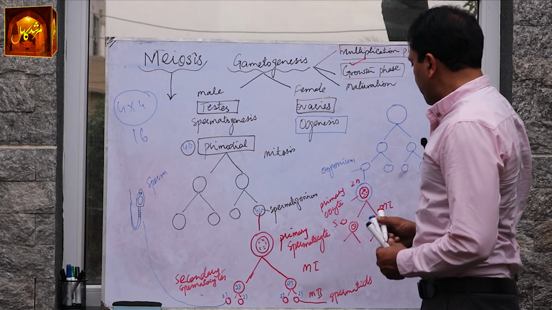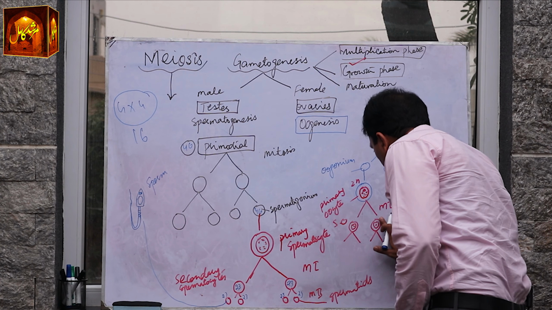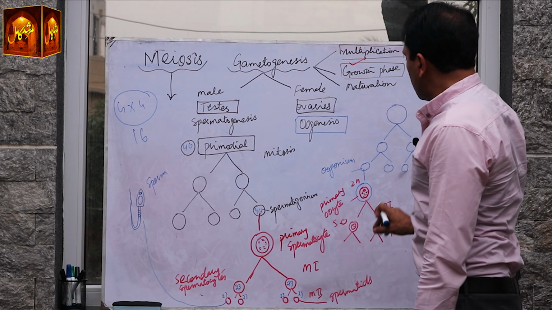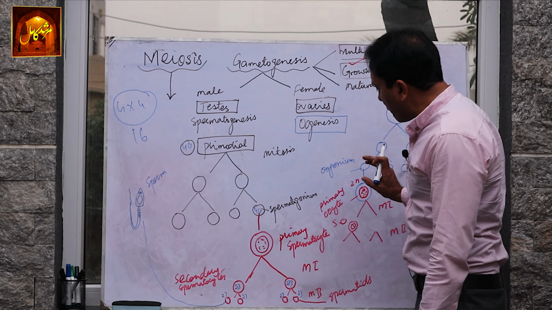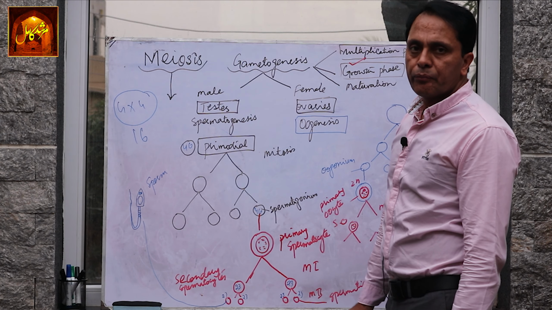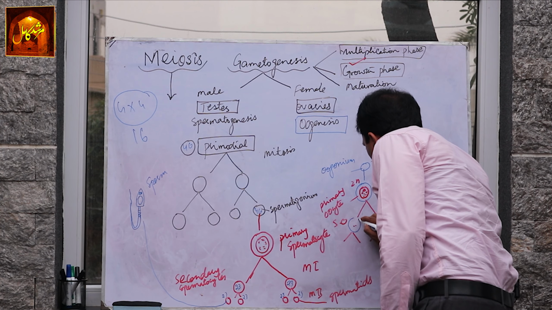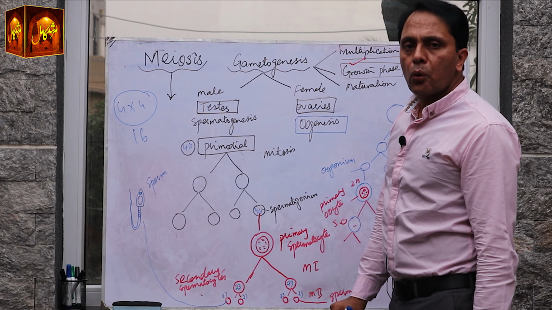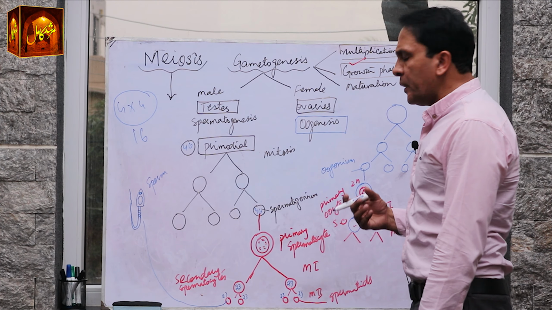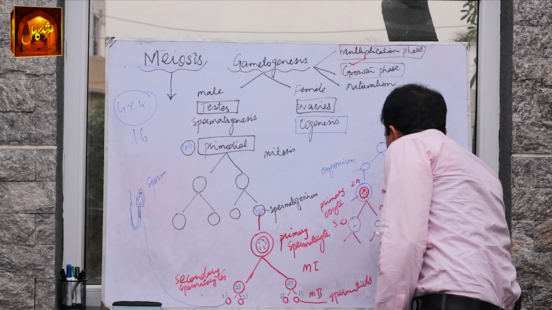but keep one thing in your mind, you should remember over here. In the first meiotic division, when primary oocyte will be changed into secondary oocyte, only one oocyte will be developed, the secondary oocyte, that will be larger in size, and the second cell will be smaller in size.